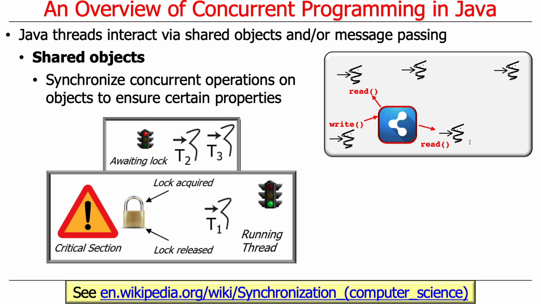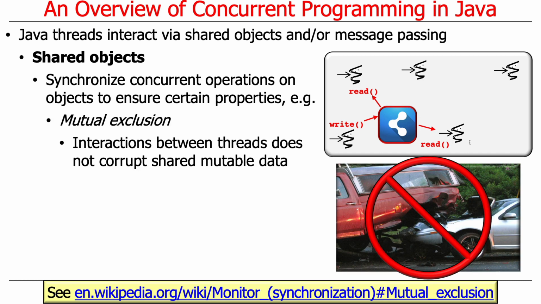And so you come in, you have to wait to acquire some synchronizer. Once you've got it, you've got exclusive access in the critical section. You do your thing. You update shared mutable state, for example. And when you're done, you release the lock. And then the next thread that's waiting can get in to do its thing. That's a common form of a synchronizer. There's other variants, of course, we'll talk about.